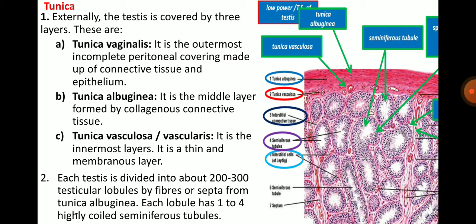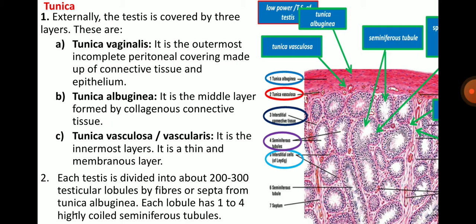The testis is divided into about 200 to 300 lobules, and in each lobule there are 1 to 4 convoluted tubules present, which are called seminiferous tubules. Here in the diagram you can see the section of the testis very clearly stained in hematoxylin and eosin stain, that is called differential staining.